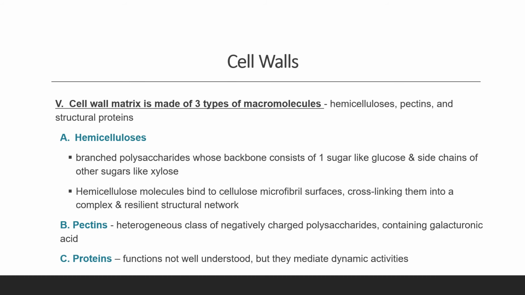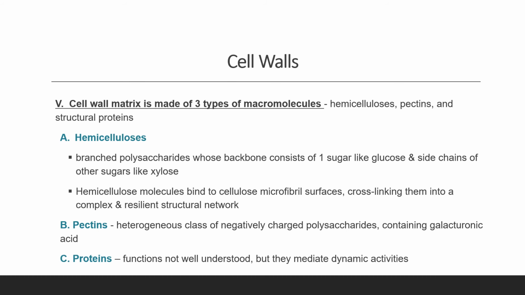The functions of these are not well understood, because proteins are usually found in animal cells, but it is less likely that we find proteins in plants. Okay, but they actually mediate dynamic activities.